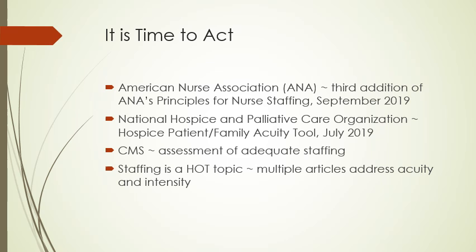And in addition, the ANA is working with federal officials to compel the Centers for Medicare and Medicaid to provide Congress with information about how agencies assess adequate staffing. And this is going to be part of their 2020 budget requests. So it's an opportune time for us to even talk about this, and we're kind of ahead of the game here.